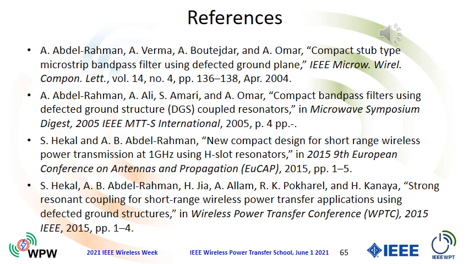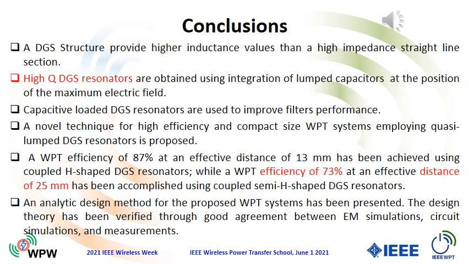References related to the presented materials are shown in this slide. Conclusions. A defected ground structure provides higher inductance values than a high impedance straight line section.